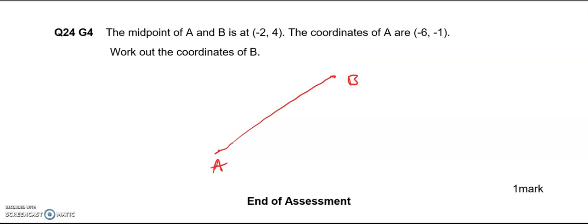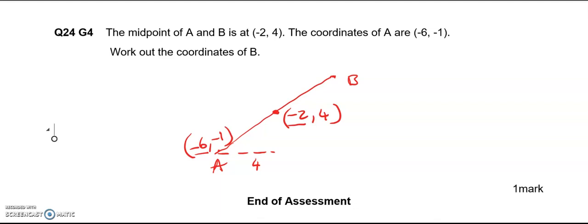I'm going to add the coordinates in. So we've got -6, -1, and the midpoint has coordinates of -2, 4. So to get from A to the midpoint, we've moved 4 units across because we've gone from -6 to -2.